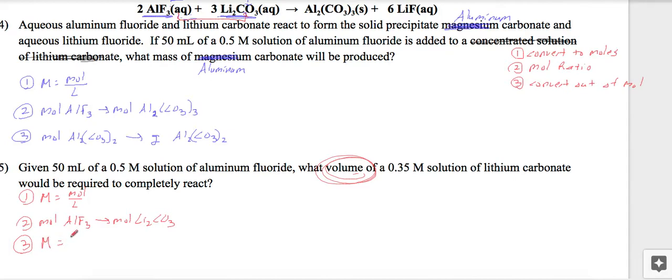Molarity is moles over volume. So we have our moles. These moles can get plugged in here. And we have molarity, which can get plugged in there. So then we can solve for volume. Remember, we practiced solving for volume earlier on in the week. All right.